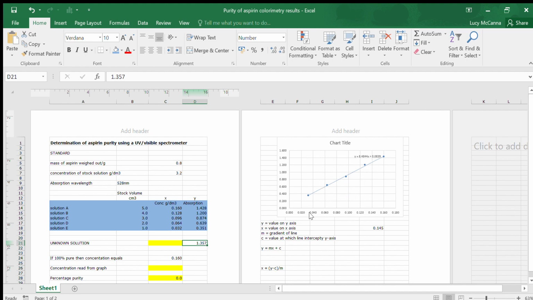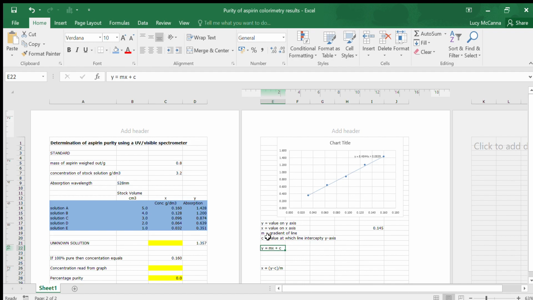So if you think back to GCSE, this is the equation of a straight line, any straight line, y equals mx plus c. As a reminder, these are what those things mean in this equation. So x and y just mean the values that you're looking at on the x or the y axes.